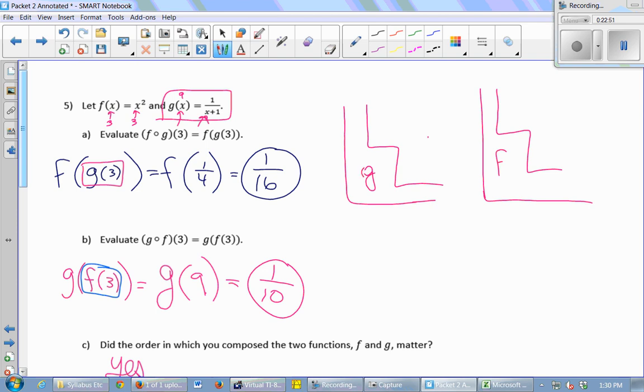Into the g machine I drop a 3, turn the crank, and it gives me 1/4. Then I take that 1/4, drop it into the f machine, and it gives me 1/16.